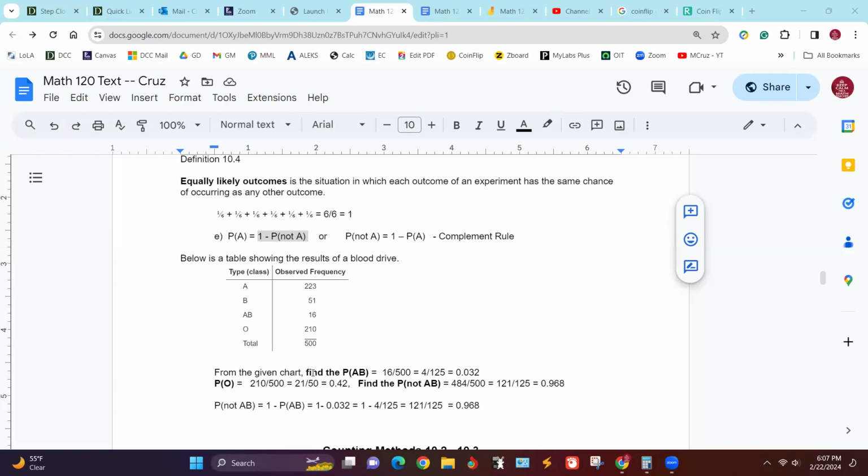So it says from the given chart here, this is a chart showing the results of a blood drive. And at that blood drive, there were 500 people that gave blood, and 223 were type A, 51 type B, 16 AB, that's the rare one, and 210 is O. And they all add up to 500.